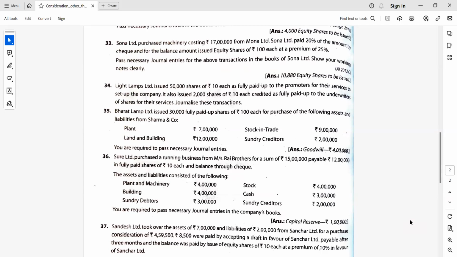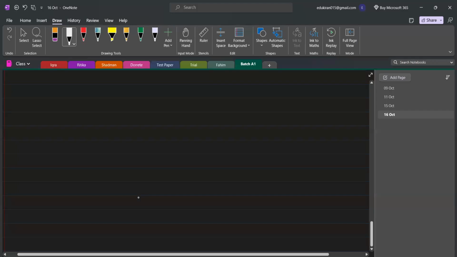Now, assets and liabilities consisted of the following. There is plant and machinery, building, debtors, stock, cash, sundry creditors. There is one liability, sundry creditors, and all others are assets. Now, in this question, if we pass the journal entry, first of all, we have to write all the assets.